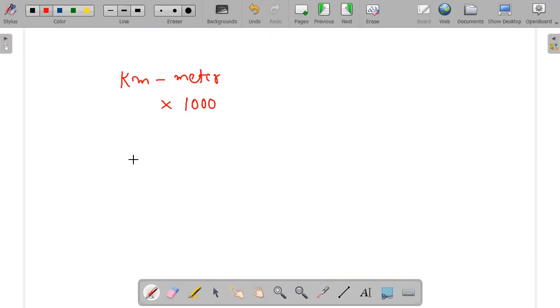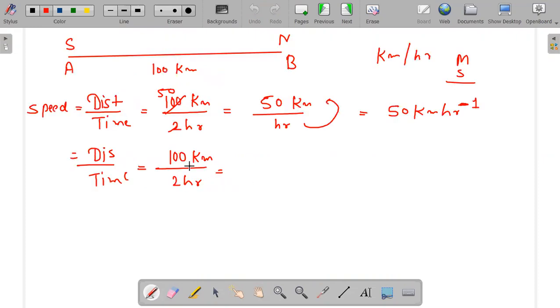And to convert hour into second, whether it is 1, 2, 3, 4 hours, I have to multiply it with 3600. So now I'm multiplying this kilometer with 1000, and this 2 with 3600.